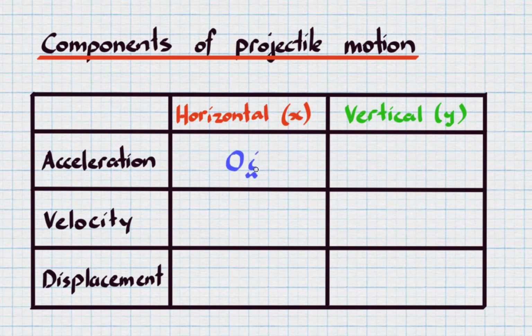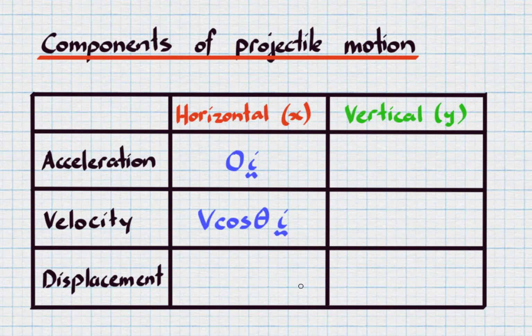There is no horizontal acceleration to consider. When we then think about velocity, that remains constant throughout the entire flight, and that is just the initial speed times cos theta. So v cos theta i is our horizontal velocity.